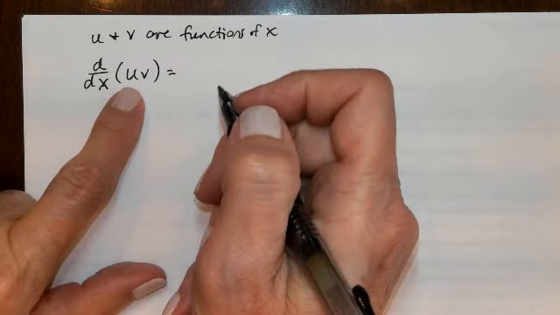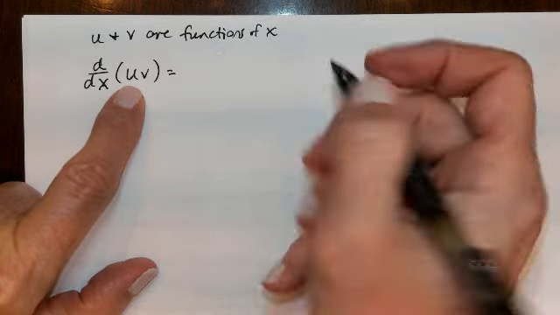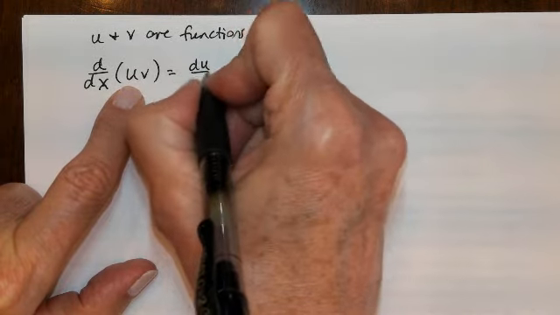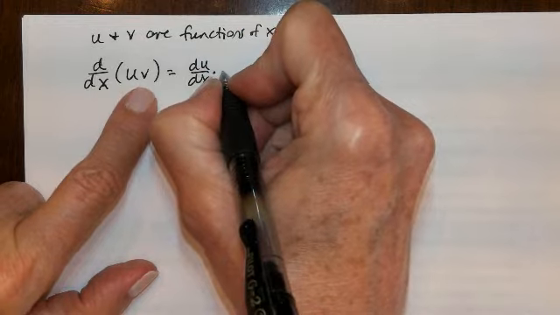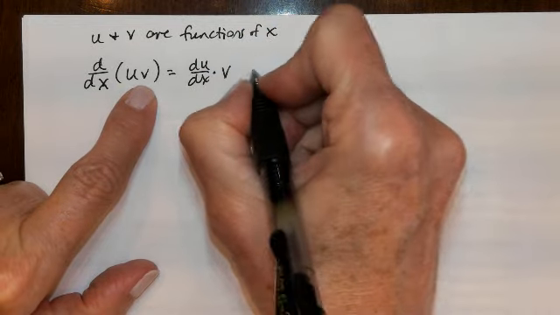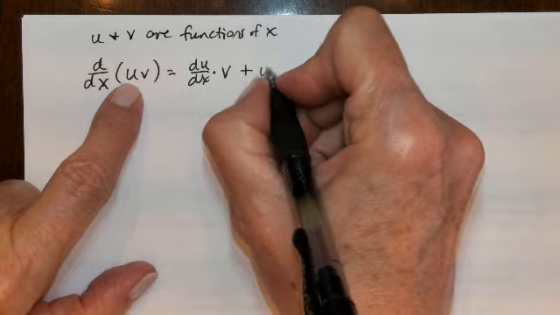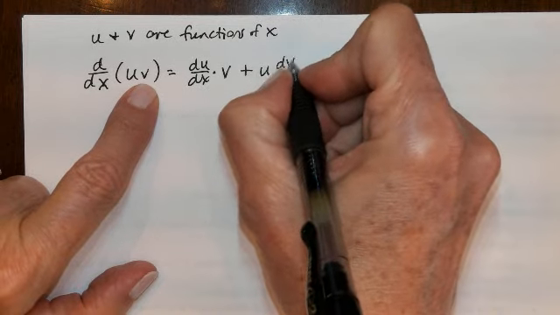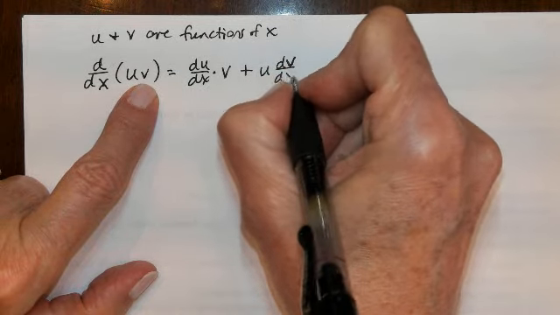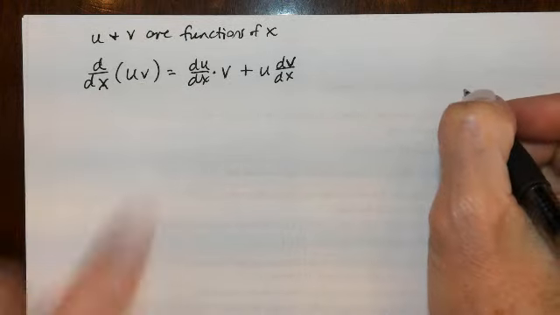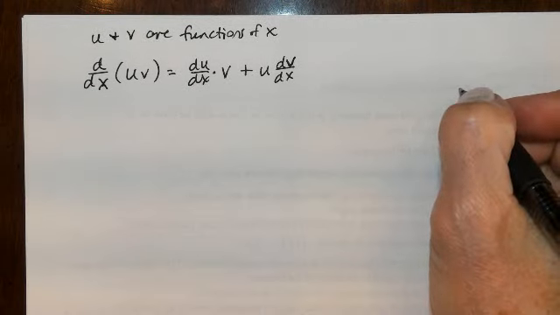We would start with u and take the derivative of u with respect to x, and then multiply that by the v. And then you would leave u alone and multiply by the derivative of v. So that's just applying the product rule.